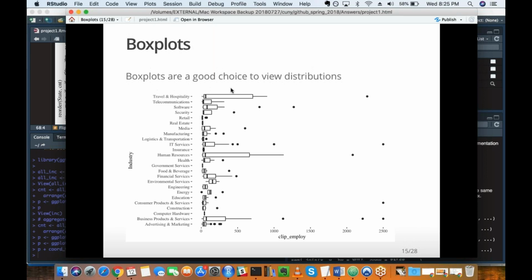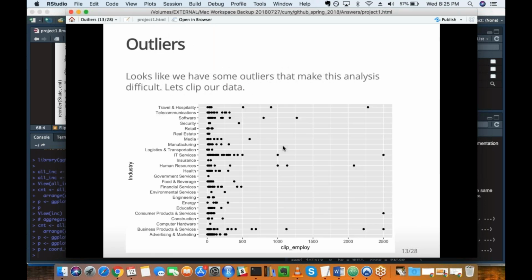With a box plot, we're seeing the interquartile range, we're seeing the whiskers, I believe it's 1.5 times the interquartile range, I always forget. But you're getting whiskers to show more information about the distribution, but you're losing the full distribution that you get with a scatter plot.